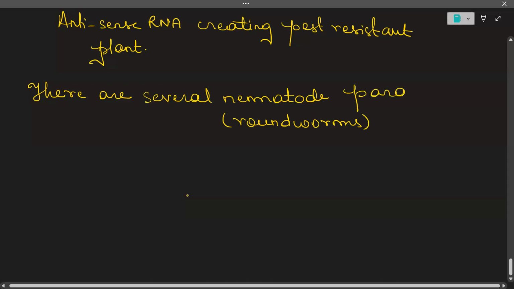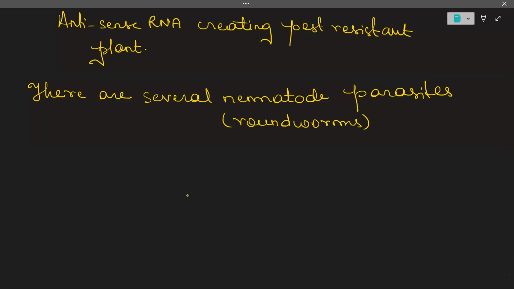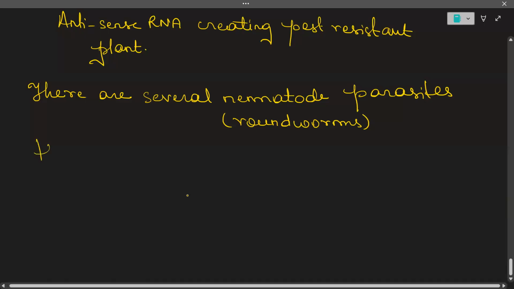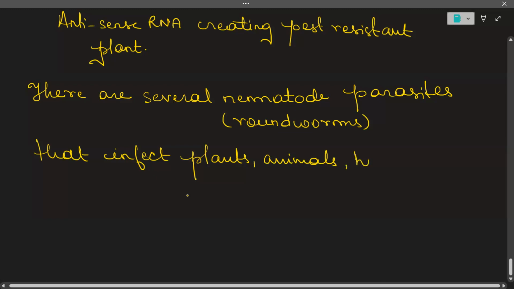These roundworms or nematodes can infect plants and animals, and obviously they infect human beings too. They have not left human beings alone as well.